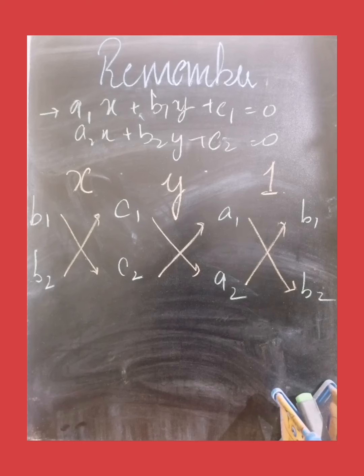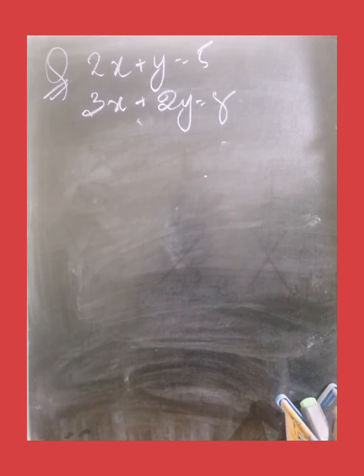Then you will get x upon (b1c2 - b2c1) = y upon (c1a2 - c2a1) = 1 upon (a1b2 - a2b1). So this is how you can remember. This is important so that you can use it in your questions.